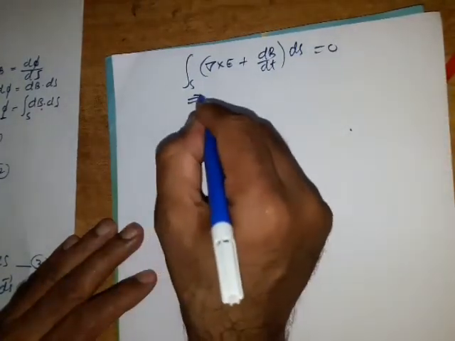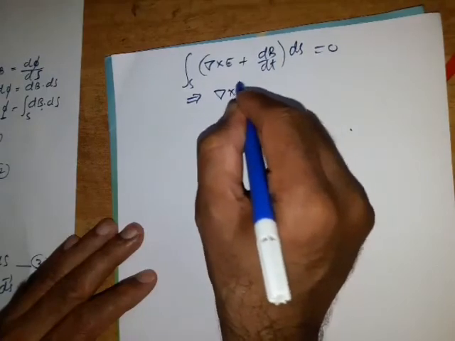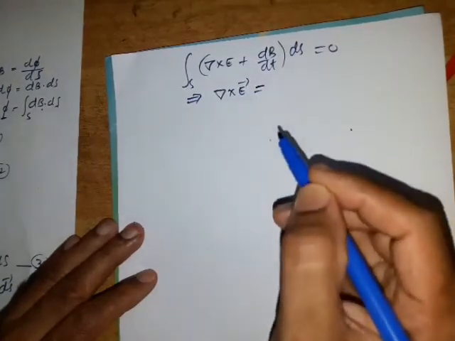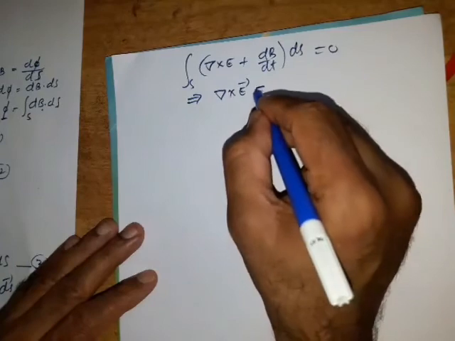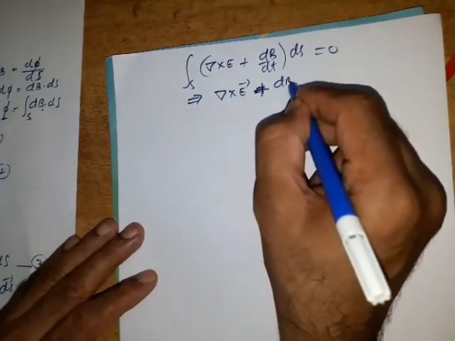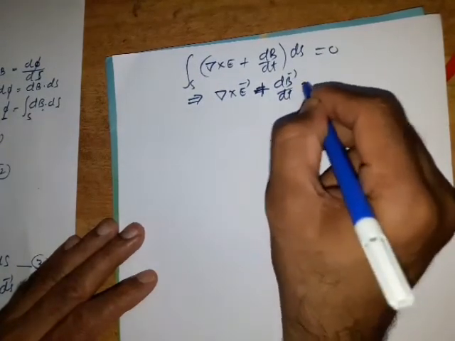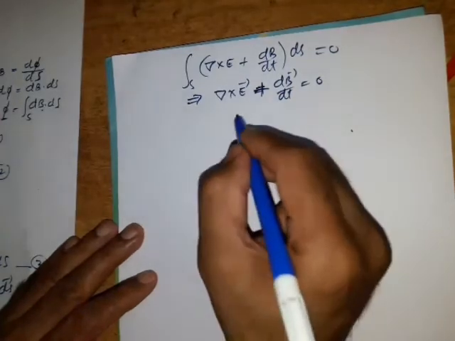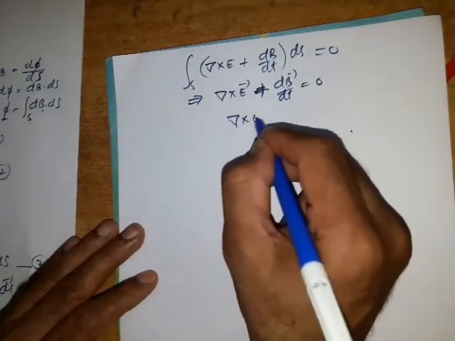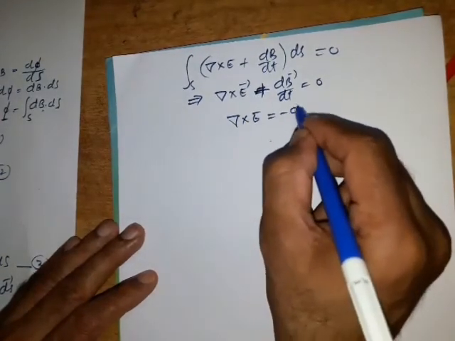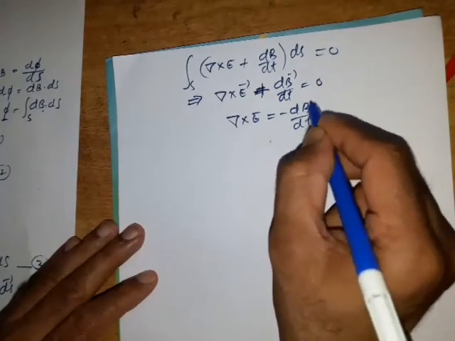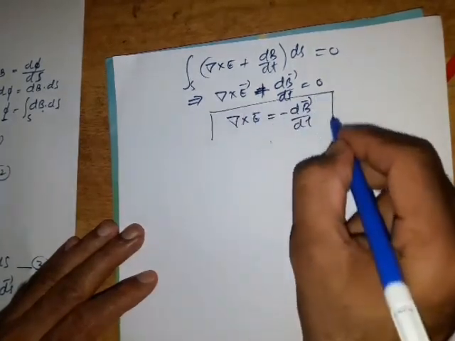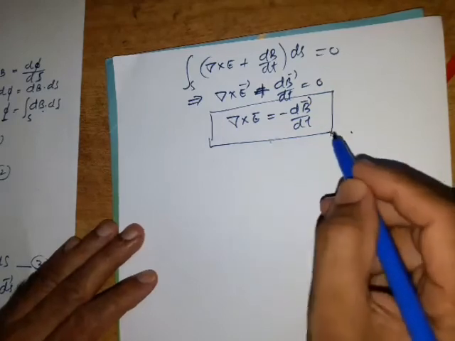That implies curl of E plus dB by dt is equal to 0, or curl of E is equal to minus dB by dt, and this is known as Faraday's law in the point form.